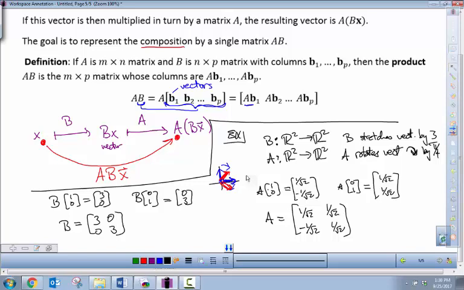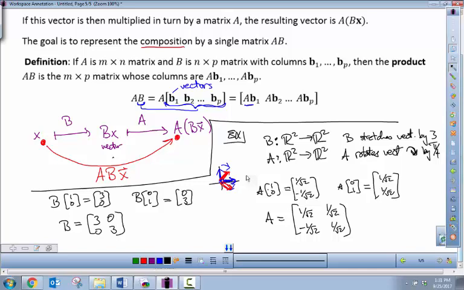So I could take a vector in the domain space and then use B to bring it to another place over here. So what that's going to do is going to stretch your vectors out first. After you stretch your vector, that's B, and then we're going to do the rotation. So we rotate it using this matrix.